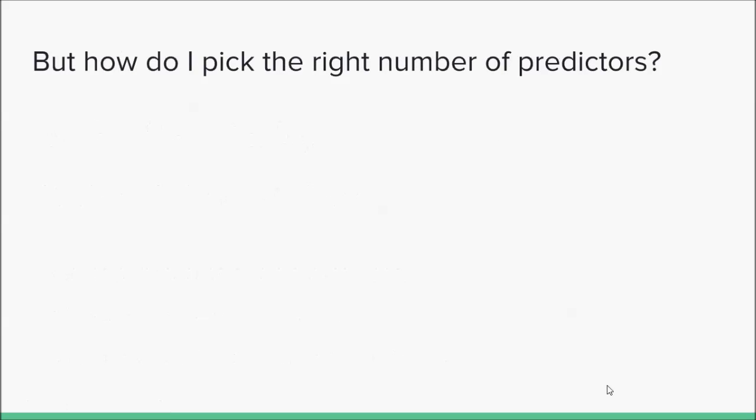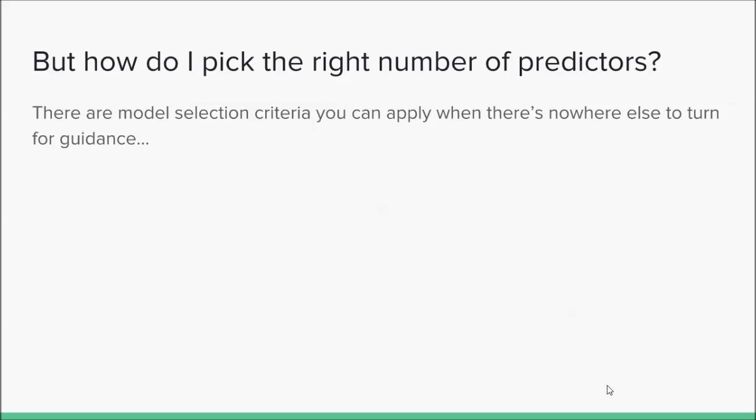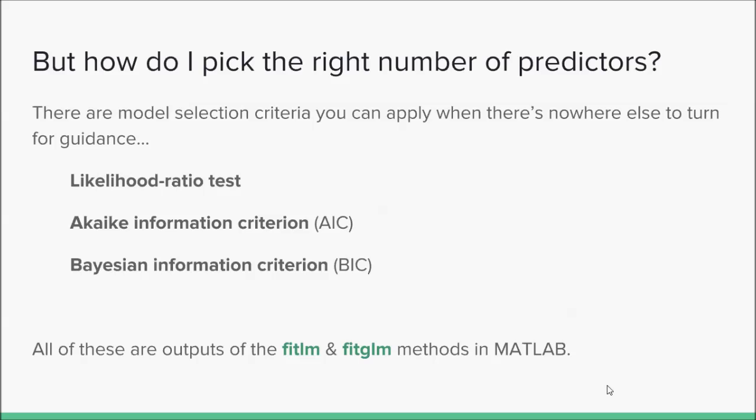Okay, so how do you pick the right number of predictors? There's all these model selection criteria that I just reviewed, and luckily, you can just use simple built-in methods in MATLAB to get a lot of these values.